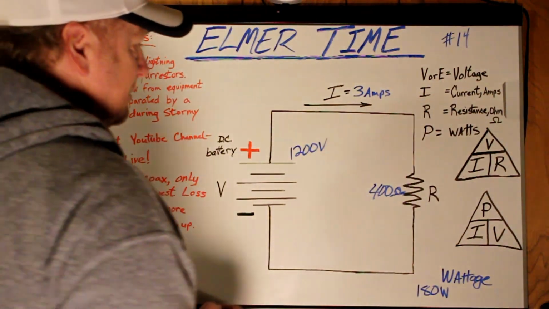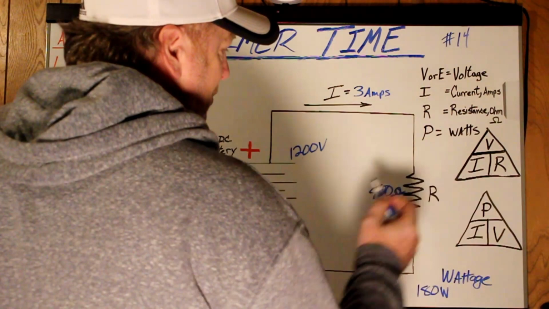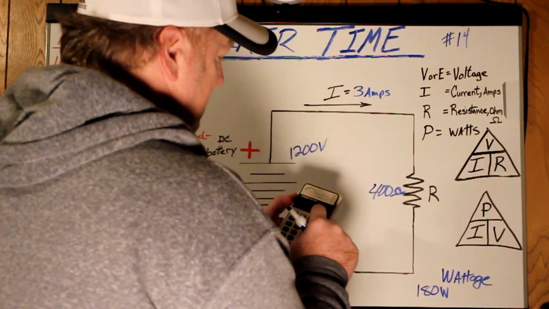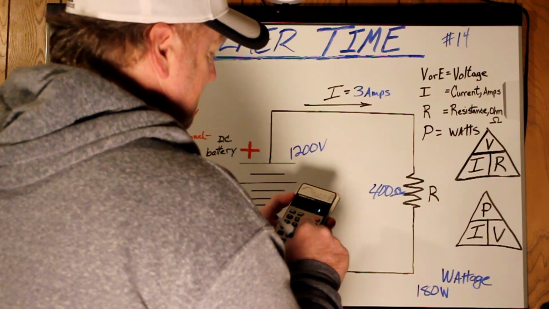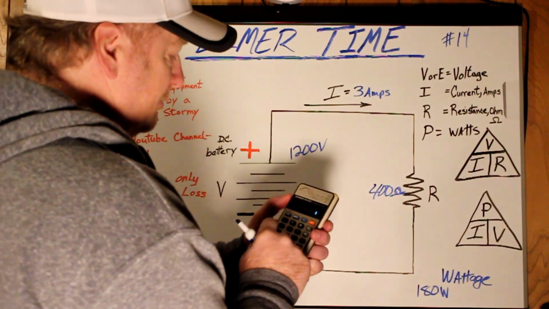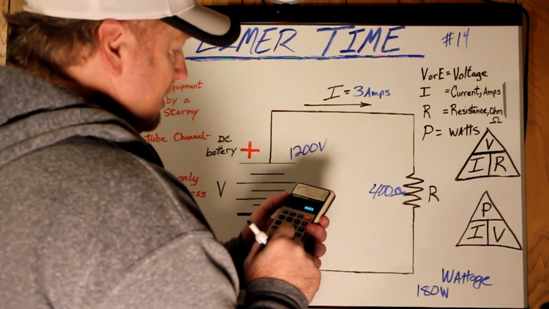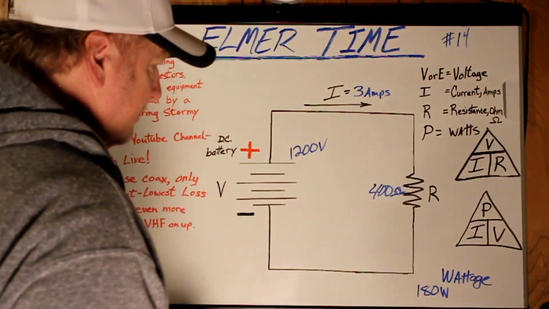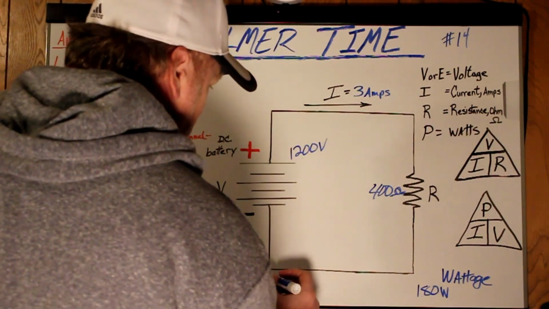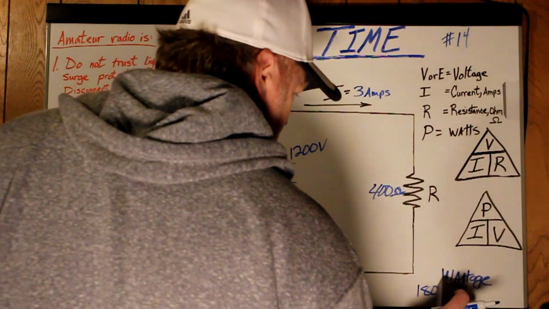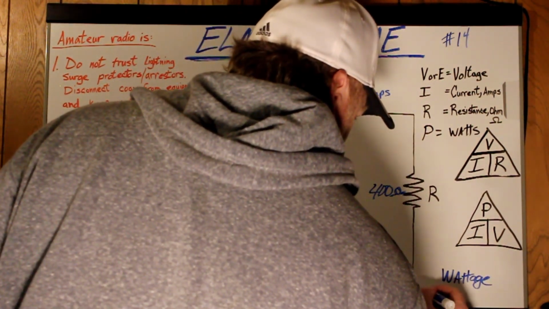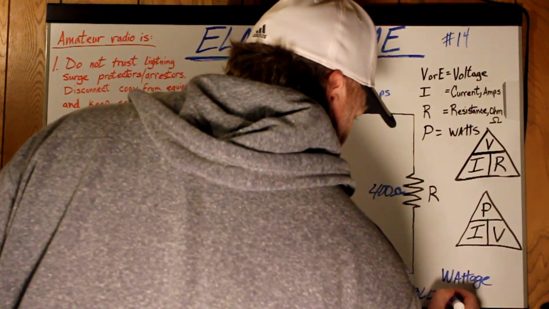Okay, now we can solve for wattage, for P. I is 3, so 3 times voltage, which is 1200, equals 3600. So the wattage on this one would be 3,600 watts.